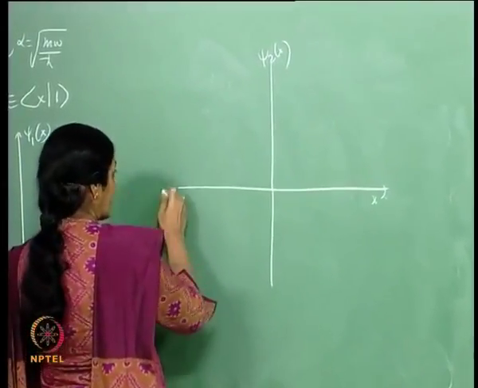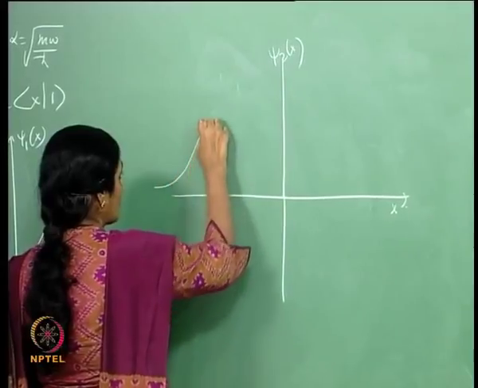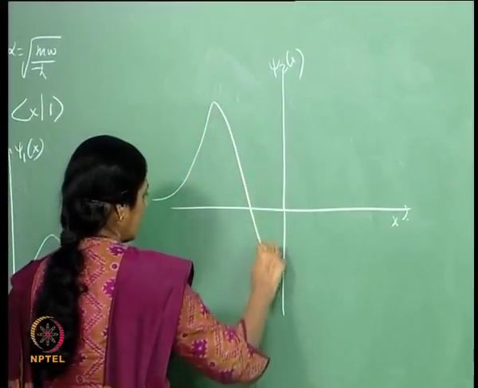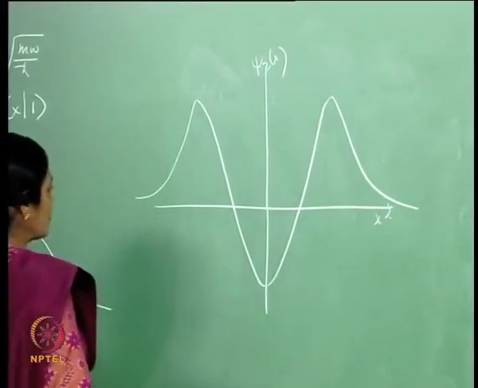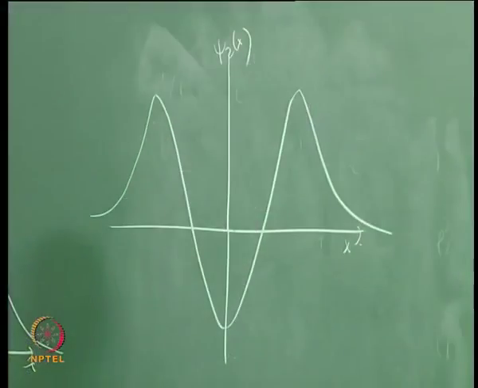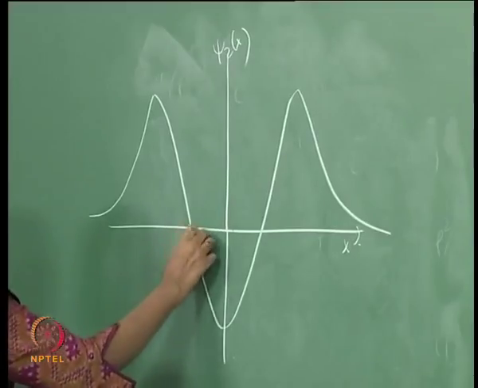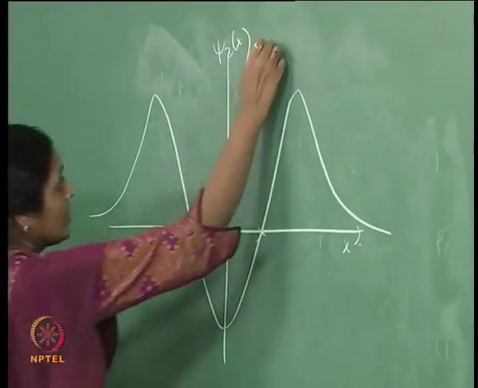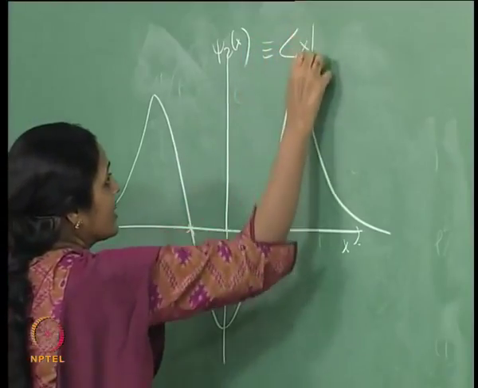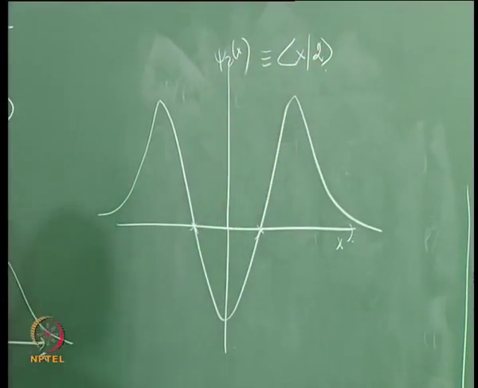The wave function goes to 0 at space infinity. It is a symmetric wave function, cuts the axis at 2 points. These are the nodes.